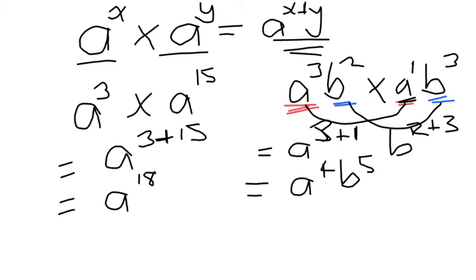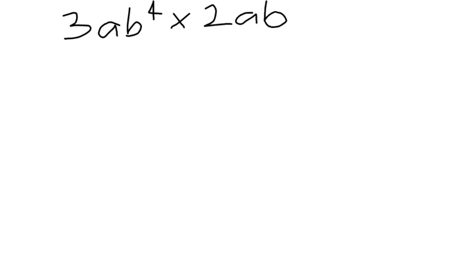Say we have a question that looks like this: 3ab to the power of 4 times 2ab to the power of 18. This is getting a little bit more complex. Let's first put in our 1s for our a's, so we know they're to the power of 1.